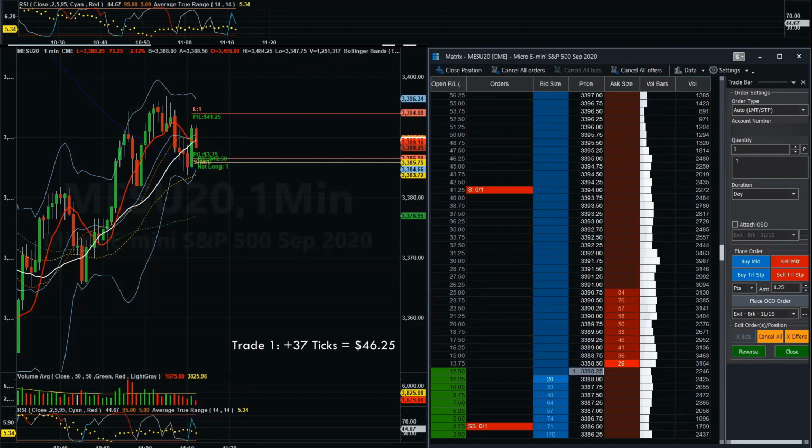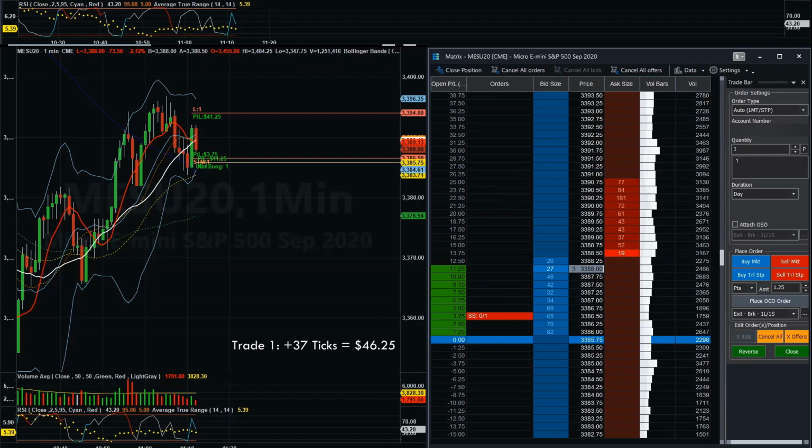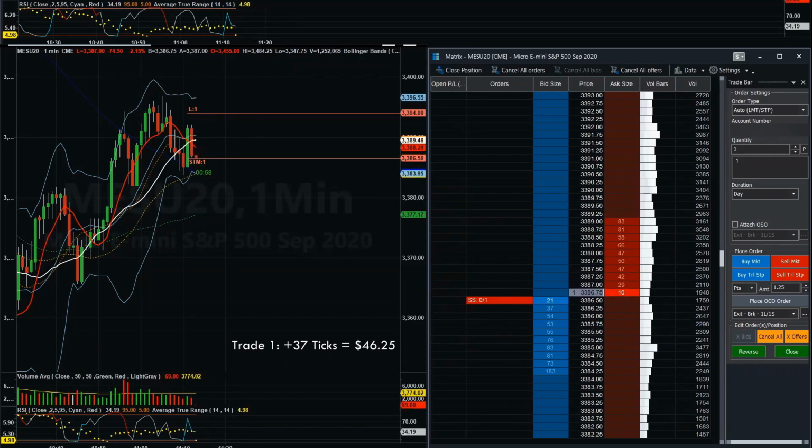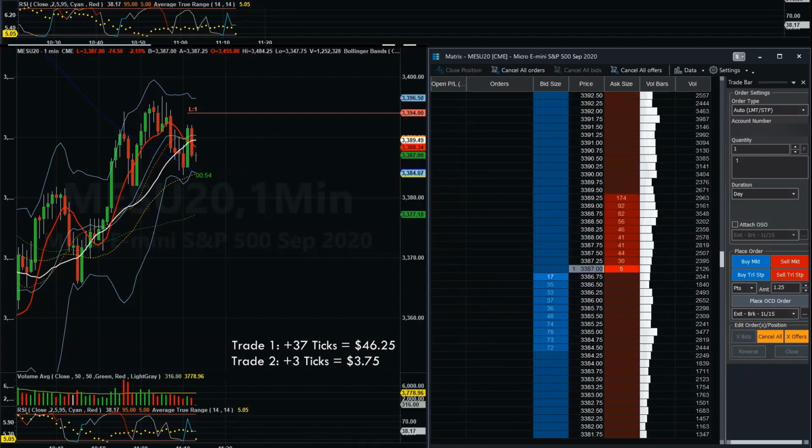Oh, I should have secured a portion of this trade. Well, okay, it doesn't matter because I'm already in positive territory. Oh, it caught the stop loss there. Okay, well, it does happen. Only 3 ticks. I'm gonna look for the next trade.